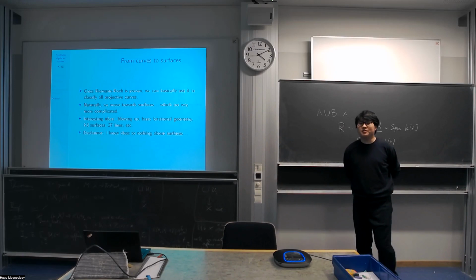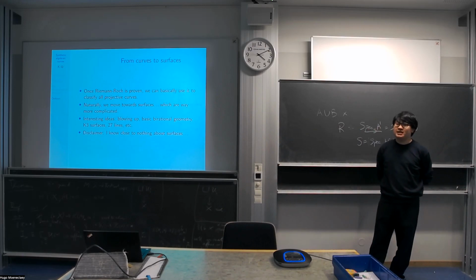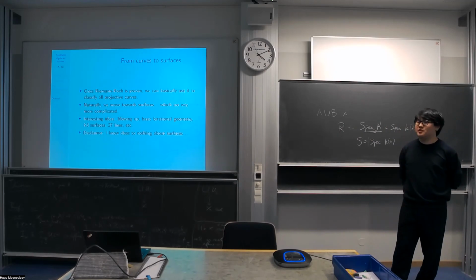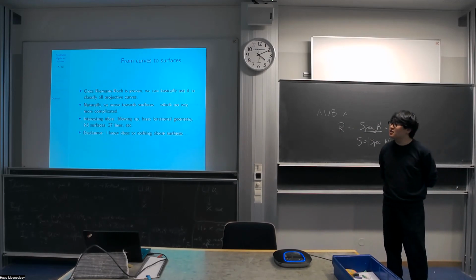Once you prove Riemann-Roch, you can complete the textbook classification of curves by genus. So naturally, you want to move towards surfaces, which are way more complicated.